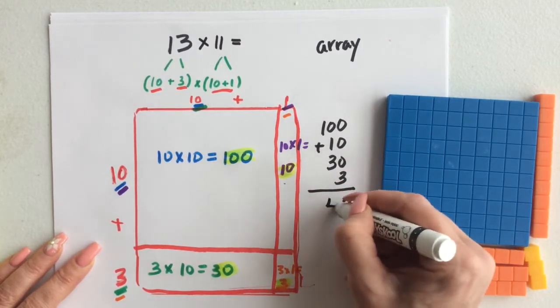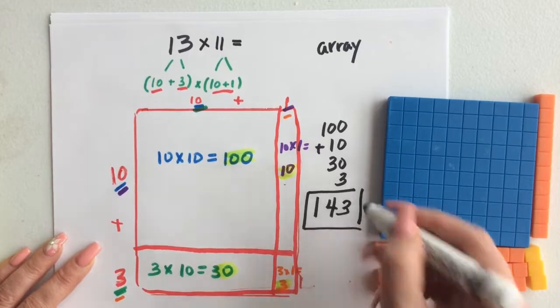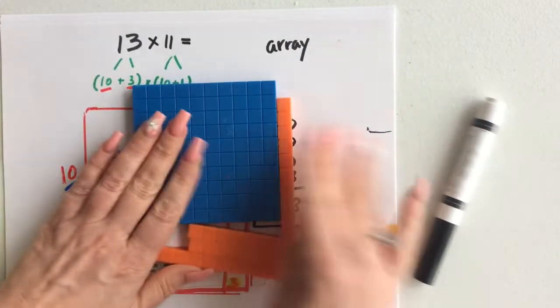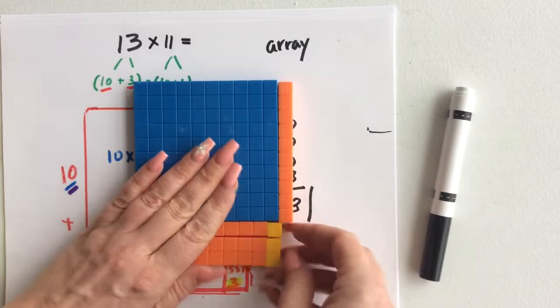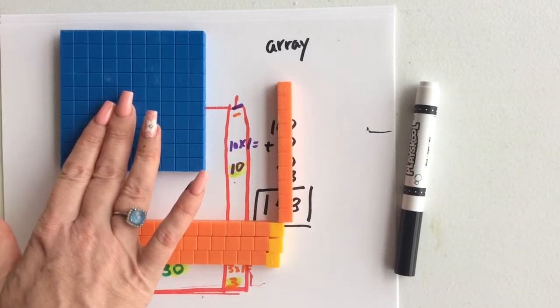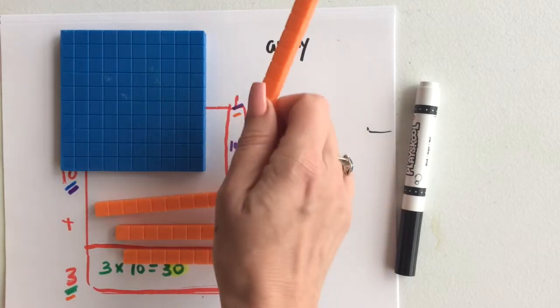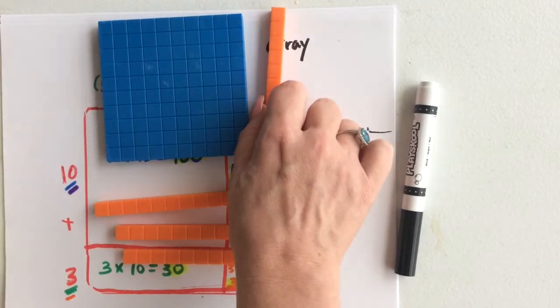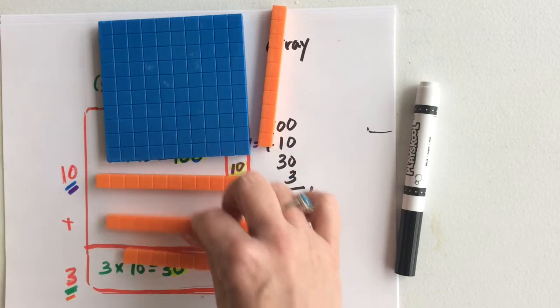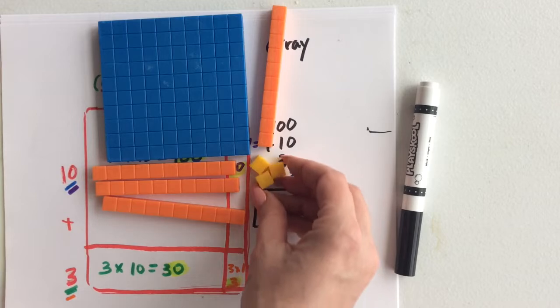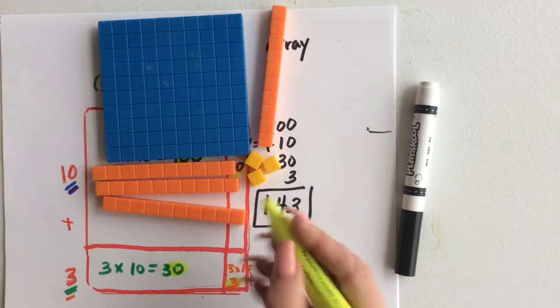So 3, 4, 1. 143. So let's check and see. Does that match this total area? We have 100, 110, 120, 130, 140, 143. 143.